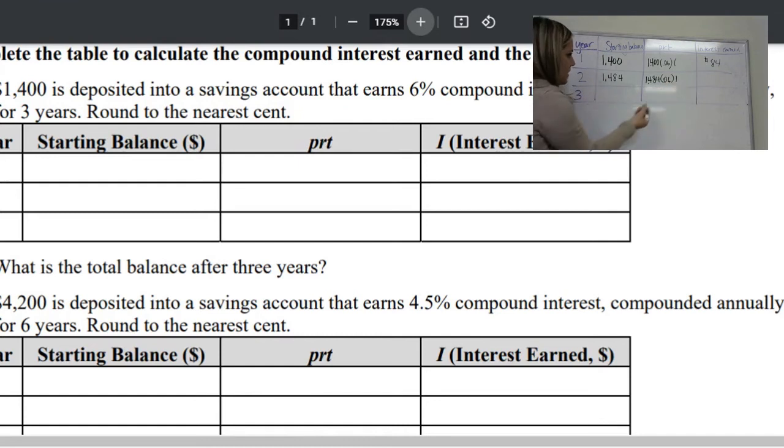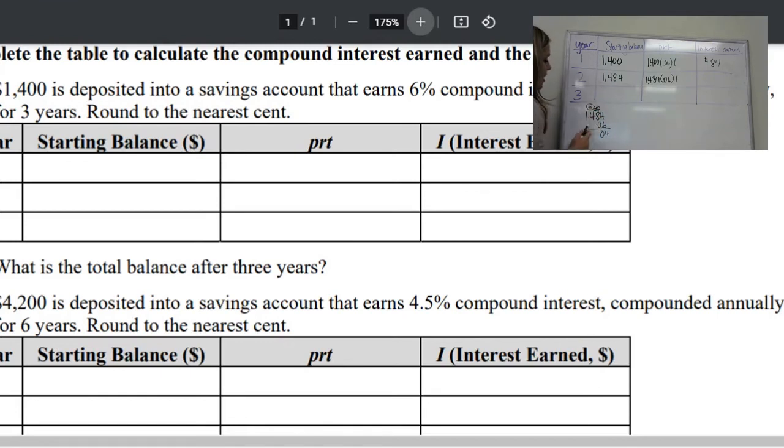So 1 times anything is itself. So we'll do 1,484 times 0.06. 4 times 6 is 24. 4 can stay. 2 got to go. 8 times 6 is 48, plus 2 is 50. The 0 can stay.